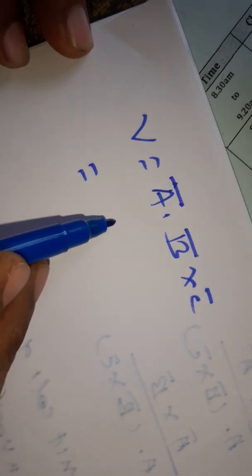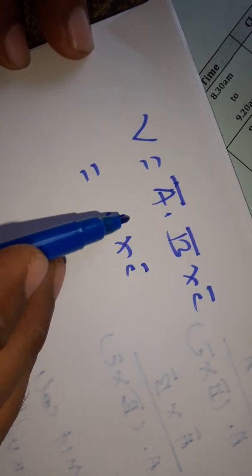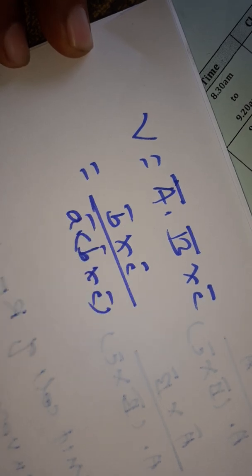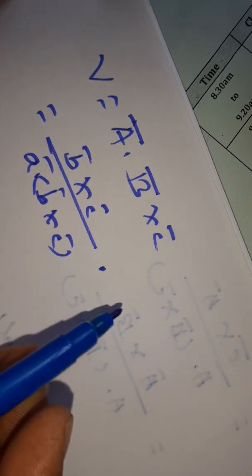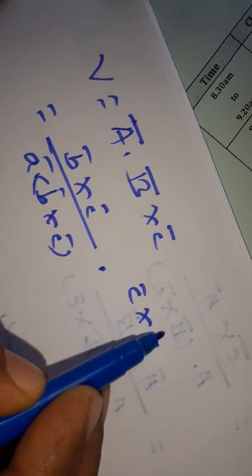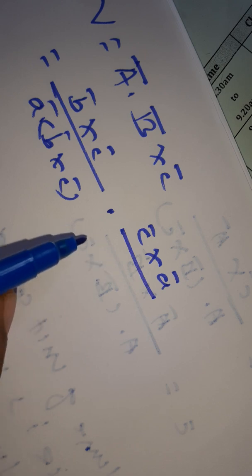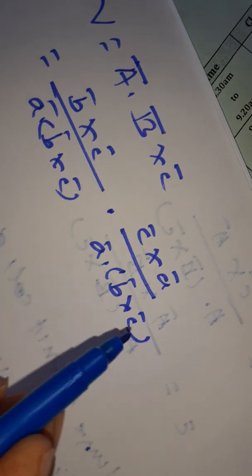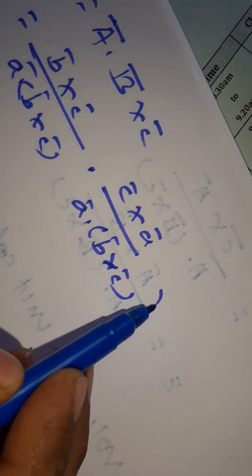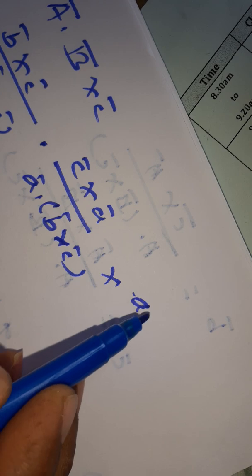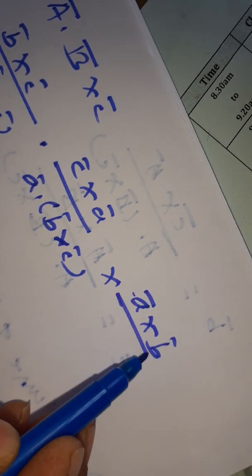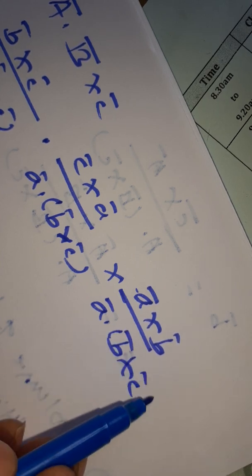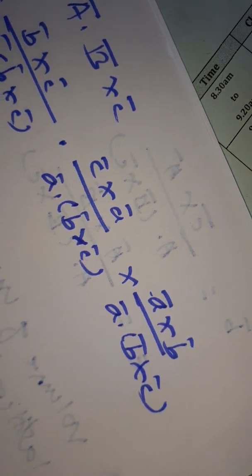So A bar is equal to B bar cross C bar divided by A bar dot B bar cross C bar, dot B bar is equal to C bar cross A bar divided by A bar dot B bar cross C bar, into C bar is equal to A bar cross B bar divided by A bar dot B bar cross C bar.